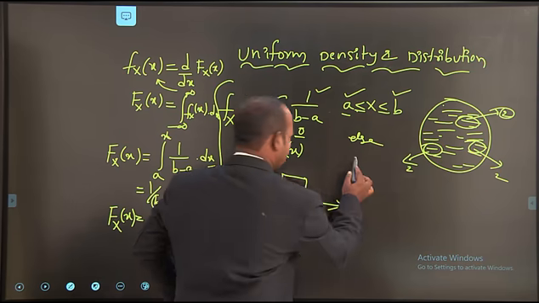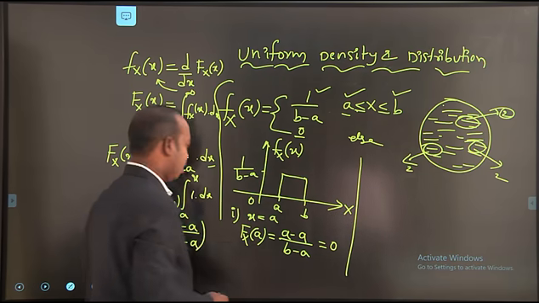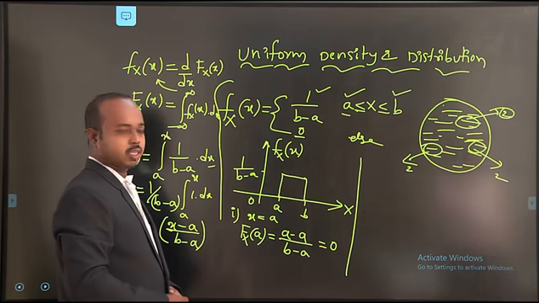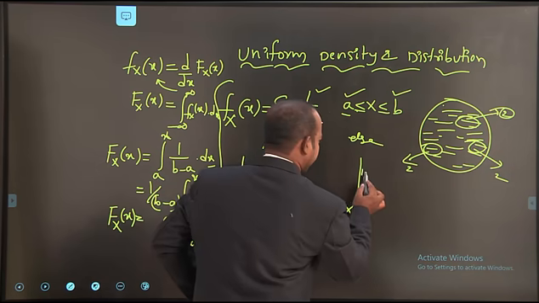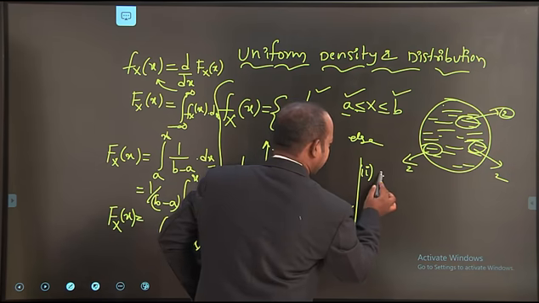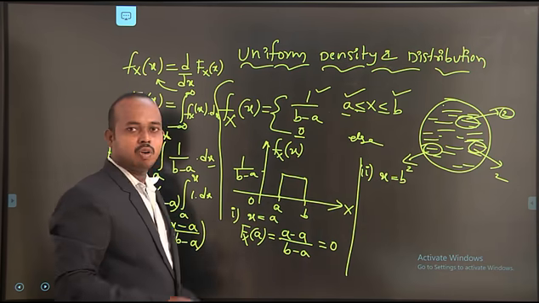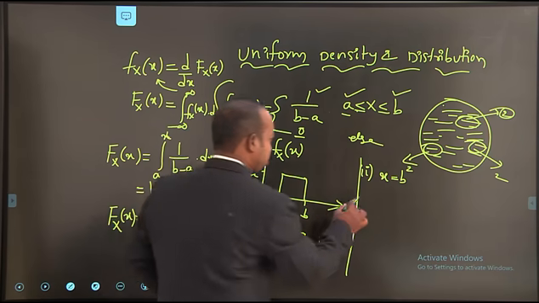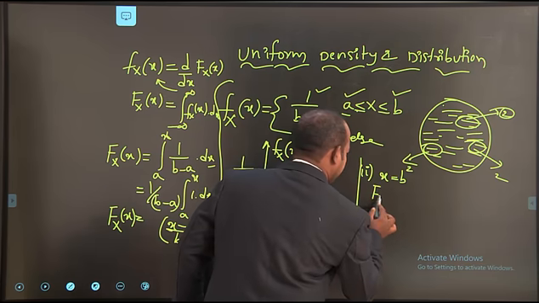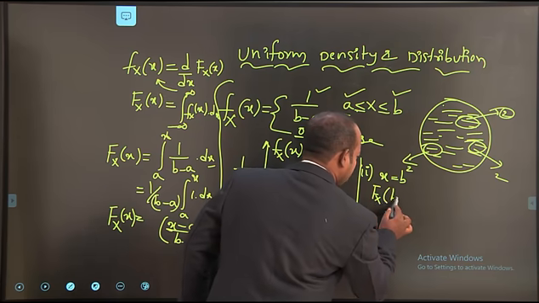Next, we consider the x value as b. The second case is small x equal to small b. For this, the distribution function is F_X(b).